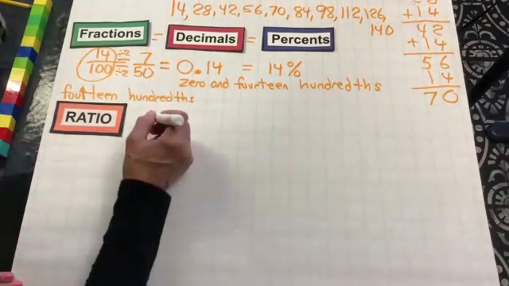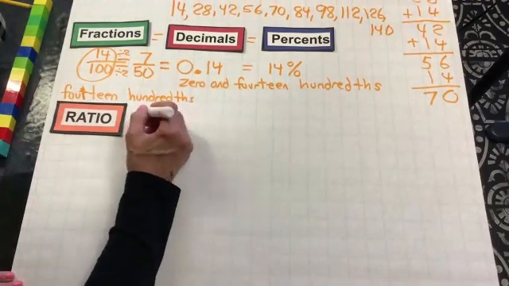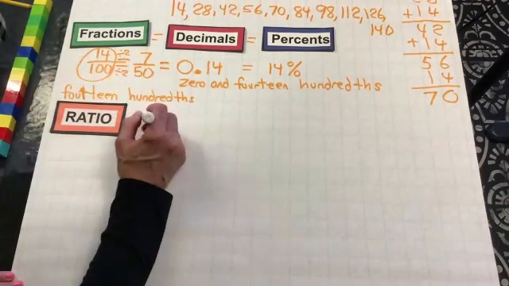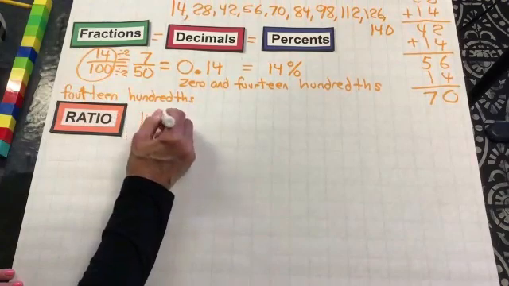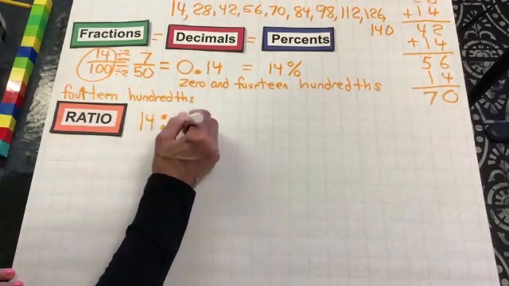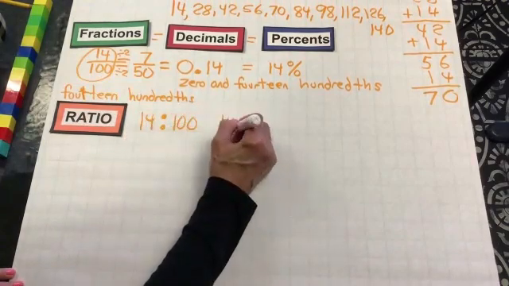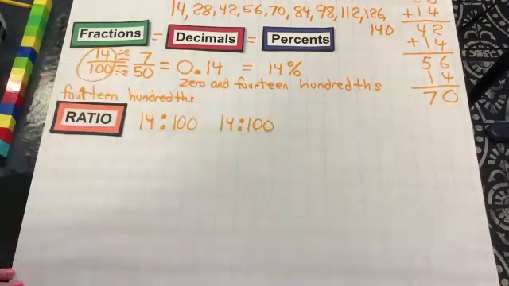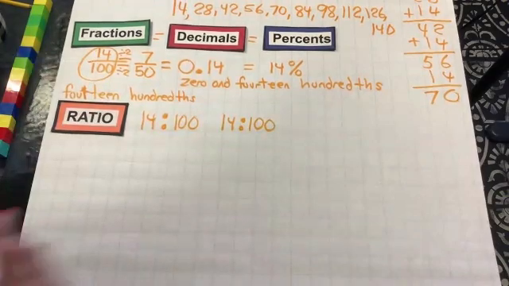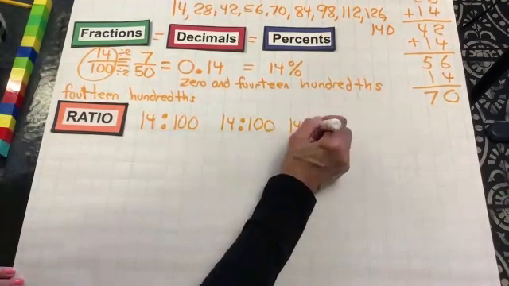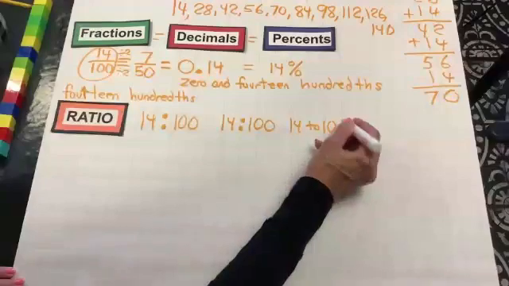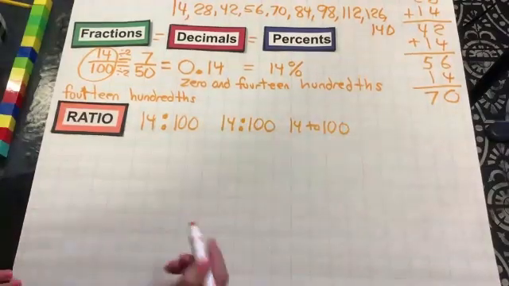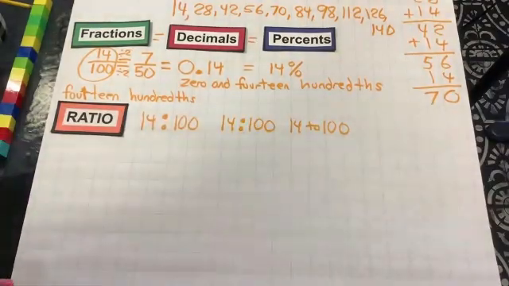And remember, ratio is about research and statistics. It's just another form of a fraction. 14 colon 100, which the colon means 14 to 100. Or 14 out of 100 people. Oops, I'm sorry. 14 to 100. I like to mess up. So no big deal. I just keep writing. No worries.